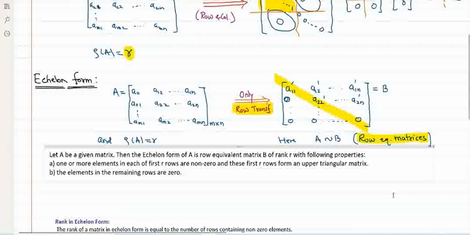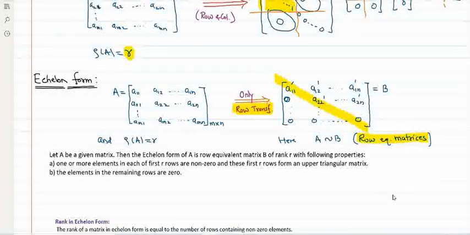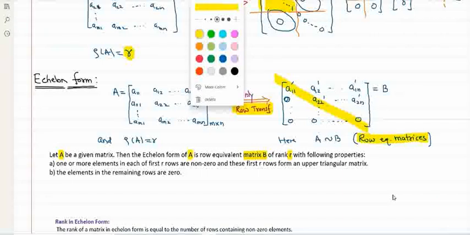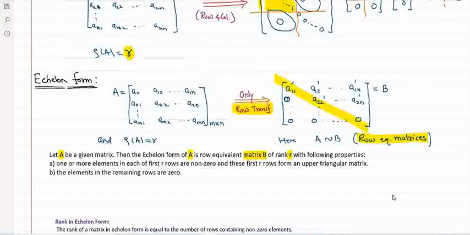Now see, what is the echelon form of a matrix? In this definition, we start with: let A be an m by n matrix with rank R. Then the matrix B is obtained from matrix A by applying only row transformation.